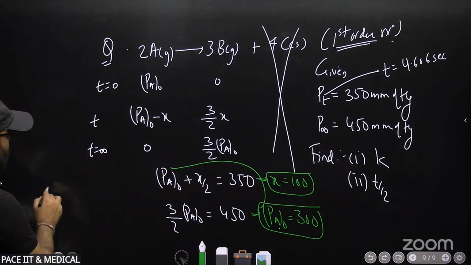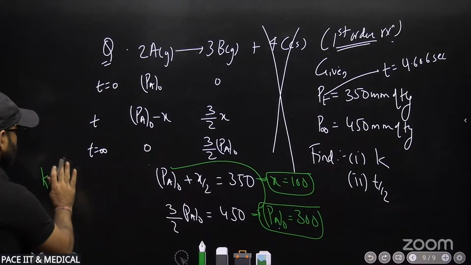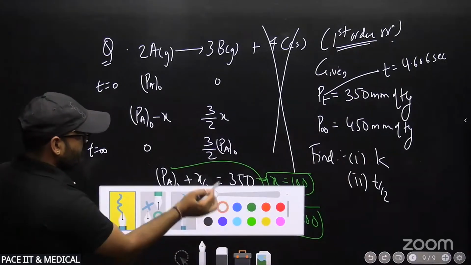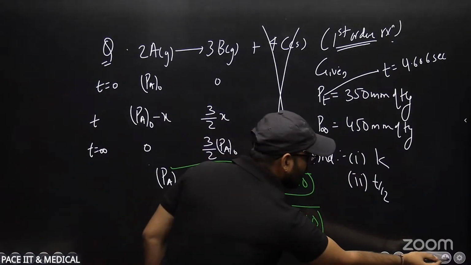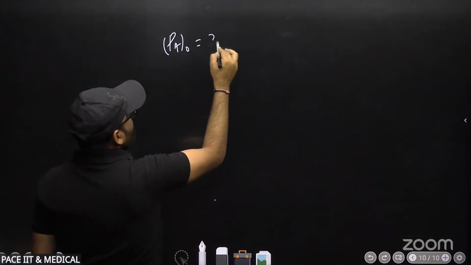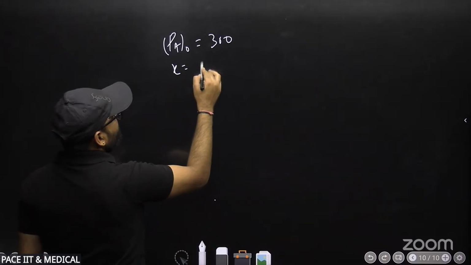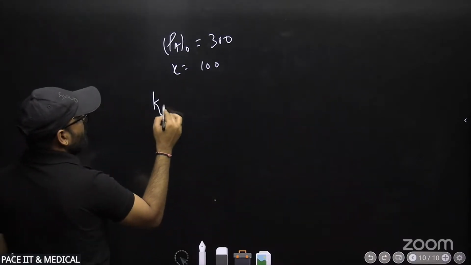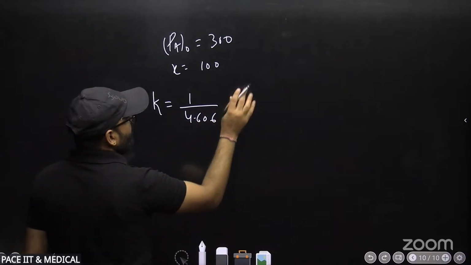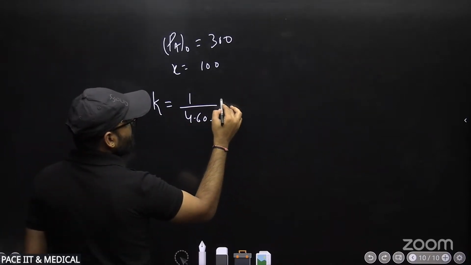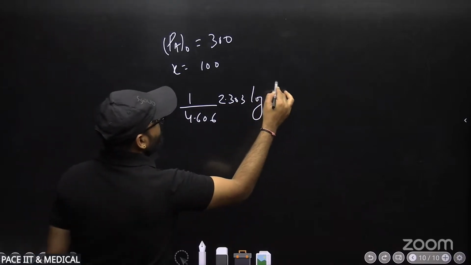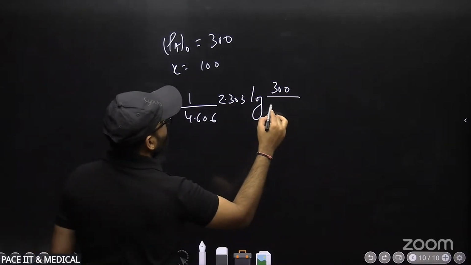Okay, now K equals, on the next page, PA naught is 300 and x is 100. Now K equals 1 upon T. T is 4.606. ln is converted into log, so 2.303 log PA naught upon PA naught minus x.